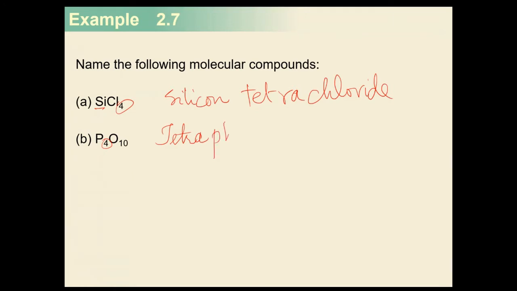Tetra phosphorus. Octa. Phosphorus. Oxide. Yes. Decoxide. Very good. Excellent. Why do we add tetra? Because there are 4 atoms of phosphorus. So tetraphosphorus decaoxide.